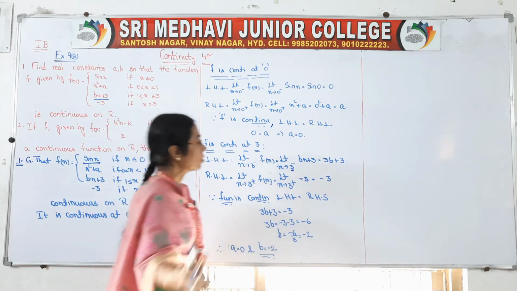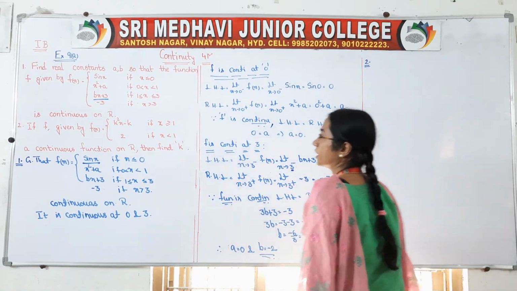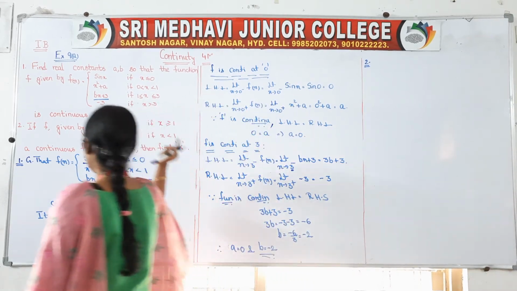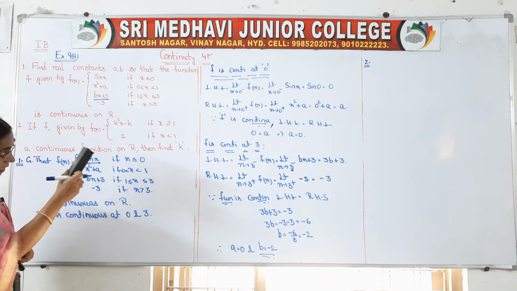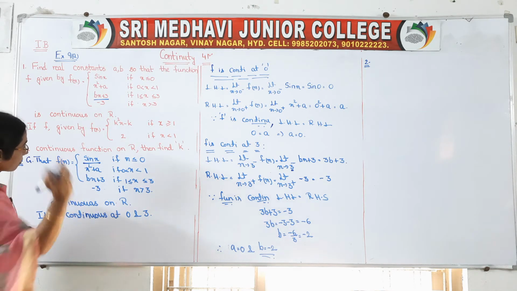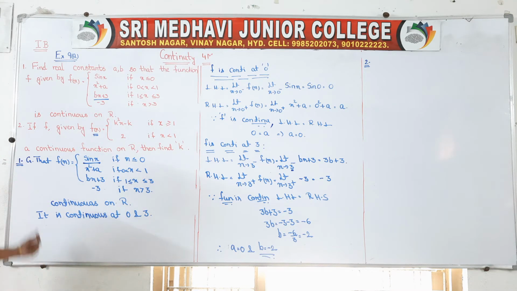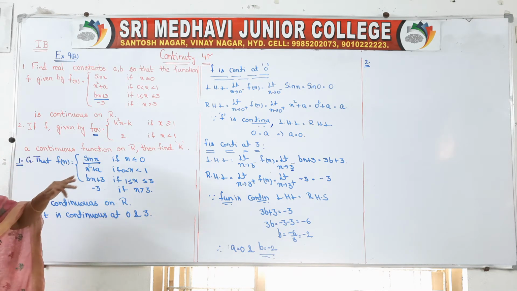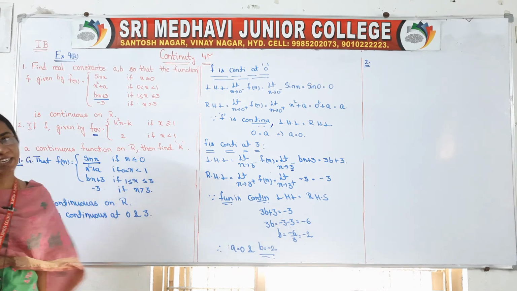Okay. So now come to the second question. What is your second question? If f is given by f of x is equal to k square x minus k, if x is greater than or equal to 1, and the function is equal to 2 if x is less than 1, and f is a continuous function on R, then find k.